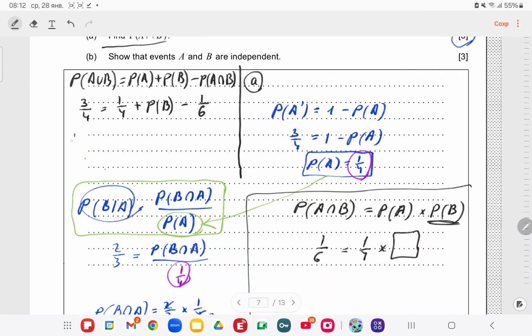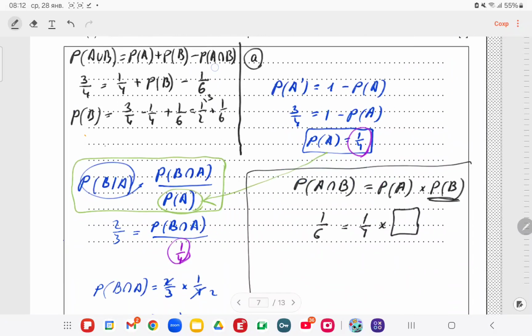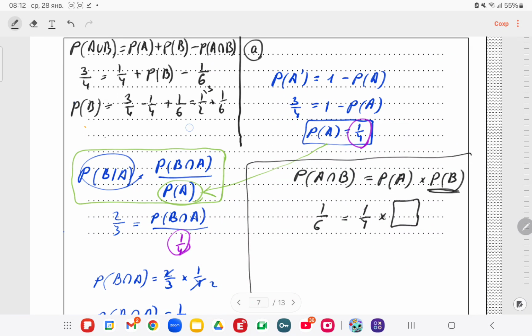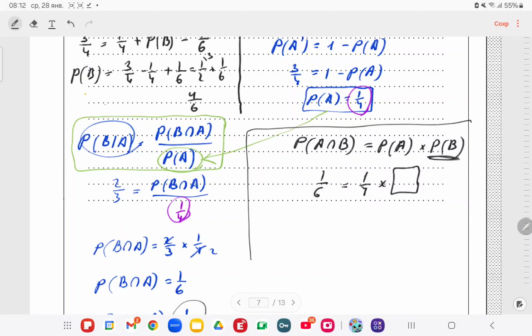Now let's calculate the value of P of B. So 3 over 4 minus 1 over 4 plus 1 over 6. It's 2 over 4, which is 1 over 2, plus 1 over 6, so 3 over 6 plus 1 over 6. So it is 4 over 6. Now 4 over 6 is the value of P of B.